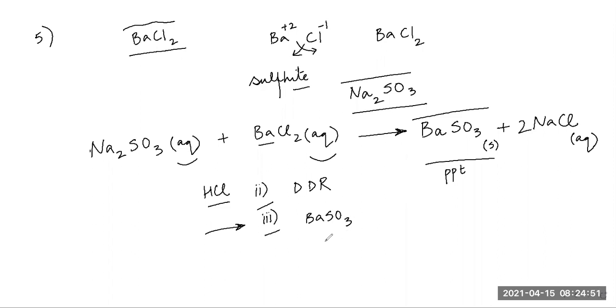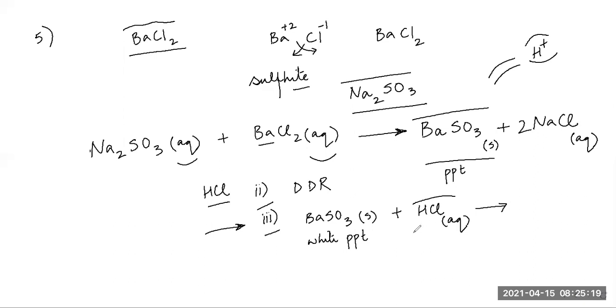This is a white precipitate. Obviously, the state is solid. I'm adding HCl. Acids are going to work. The better the acid, the higher the rate at which it gives us H positive ions. If the acid is weak, it gives us H positive ions at a lesser rate.